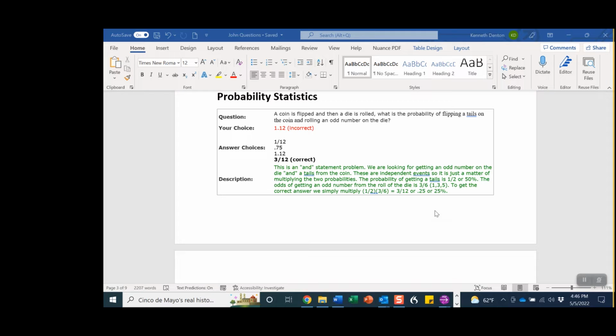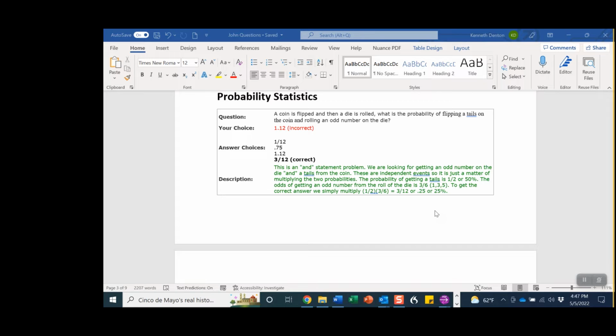Right. Odds of getting an odd number from the roll of the die is 3 out of 6, which is also 0.5. Multiply those together, you get 25%. That was the first way I did it. Yeah. Well, it's the same thing because 3/6 is the same as 1/2.